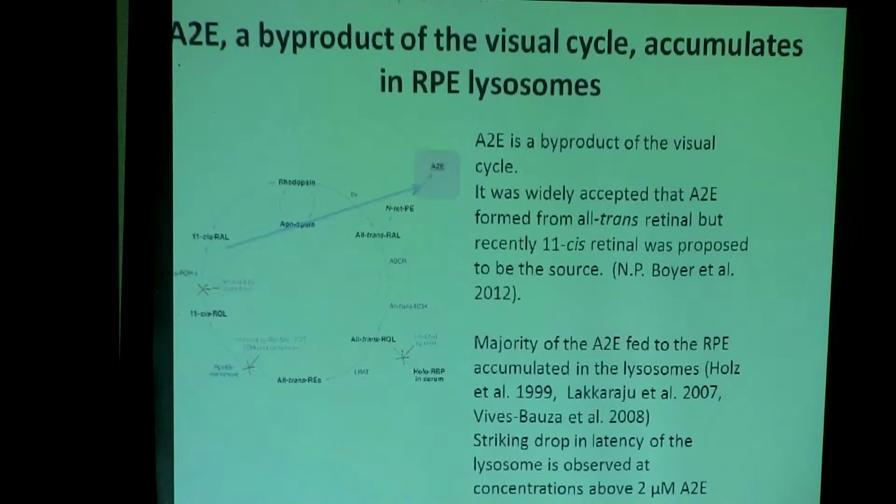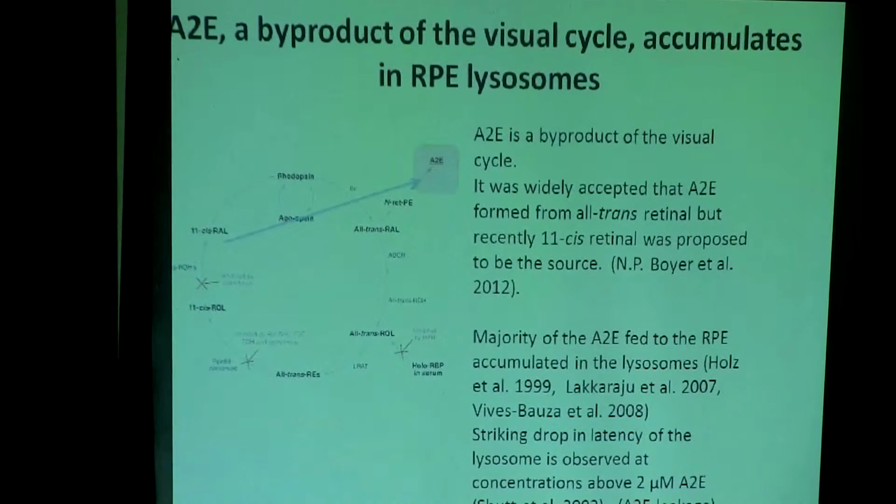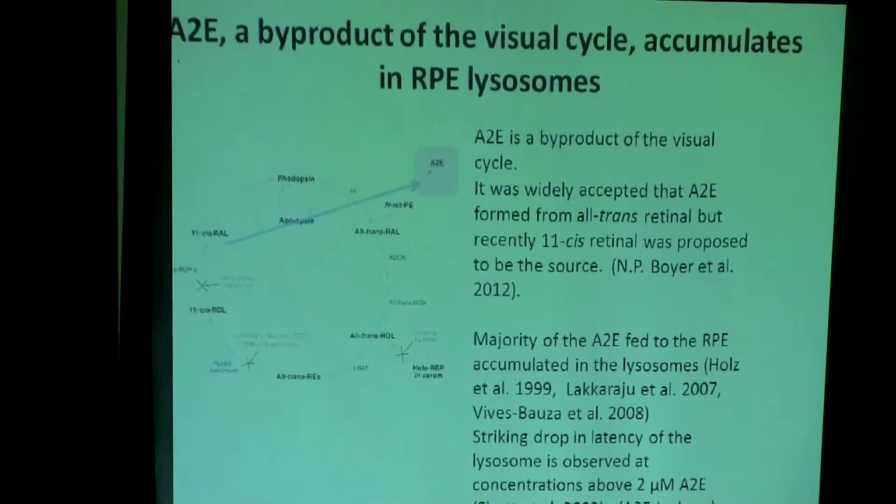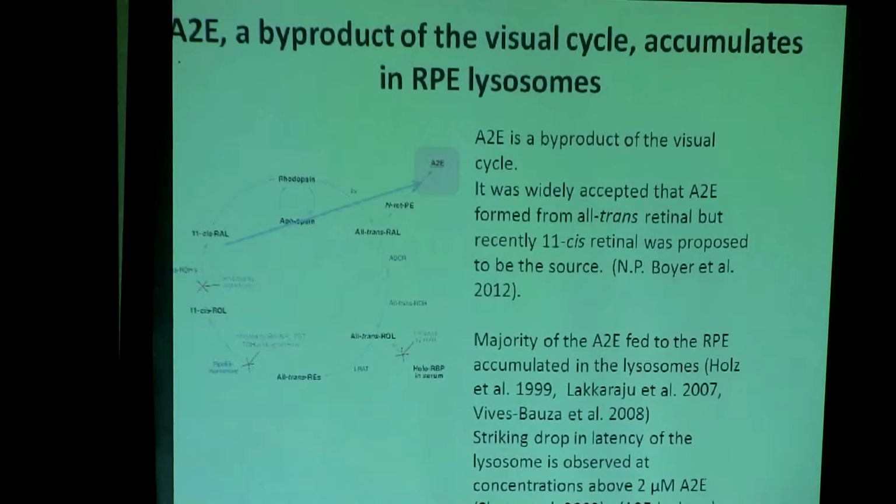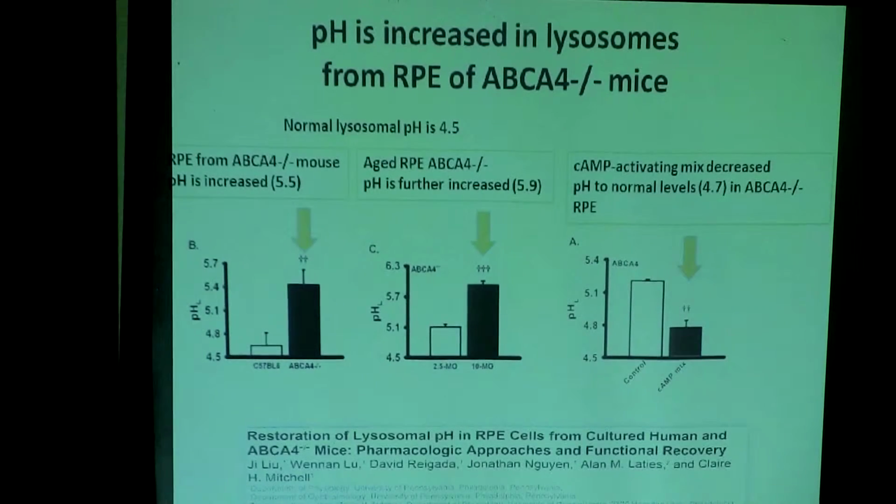So at a low level of A2E accumulation, you have effects on the lysosome, but at high accumulation, you get detergent-like activity of this molecule, and you get leakage from lysosomes and disruption of the lysosomal membrane and mitochondrial membrane, which will lead to apoptosis.